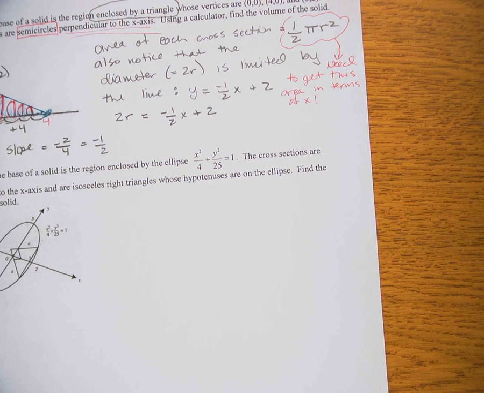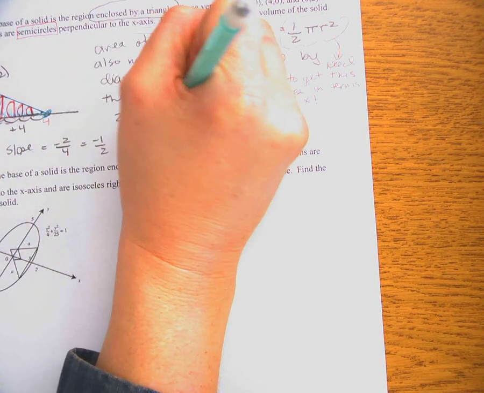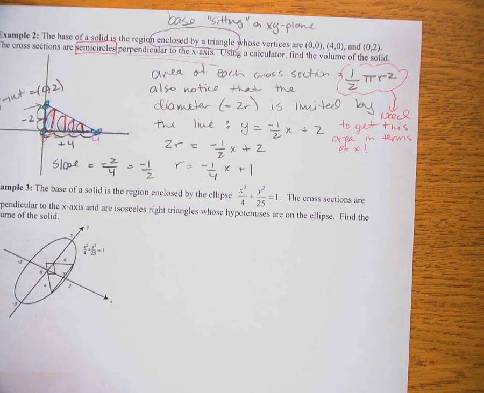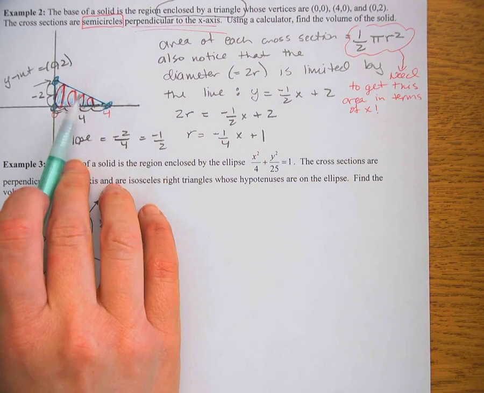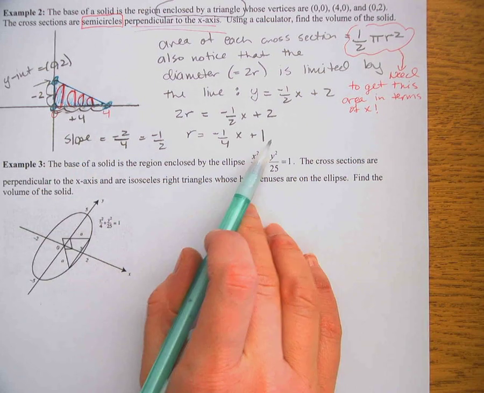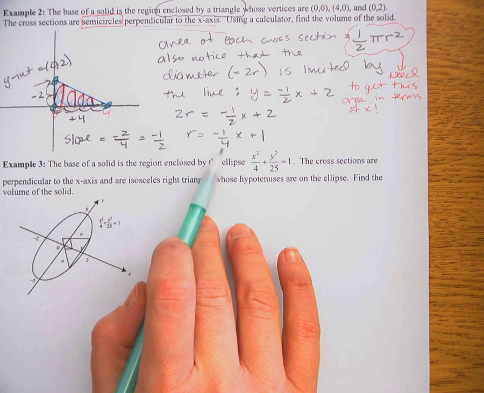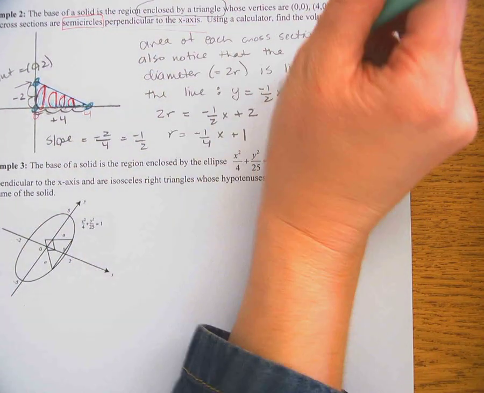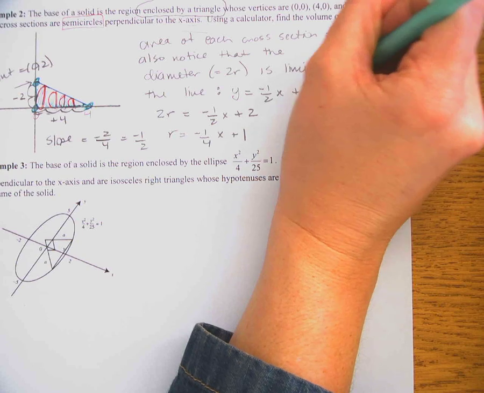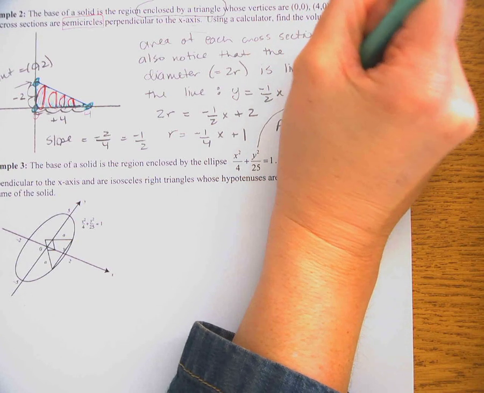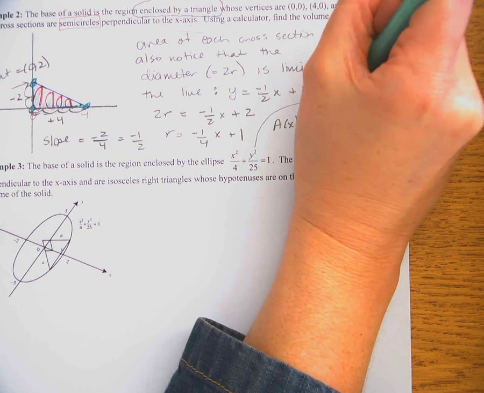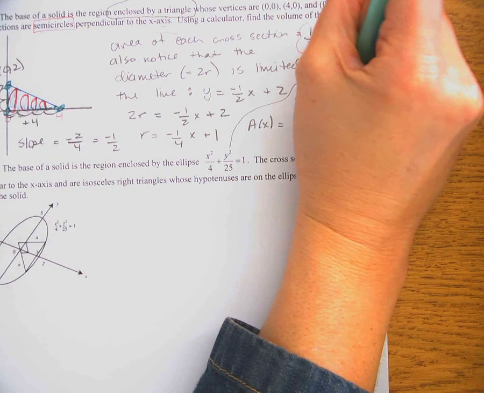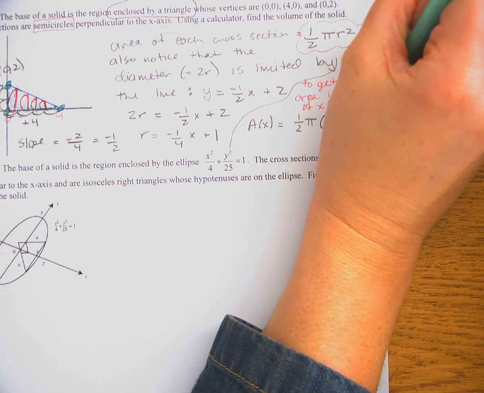Okay, so then the radius, I would just divide everything by 2. The radius is just going to be half the distance from the x-axis to this line, so it just would be half this equation here, so negative 1/4 x plus 1. So then the area of each cross-section is basically going to be 1/2 times pi times that radius, negative 1/4 x plus 1, all squared.